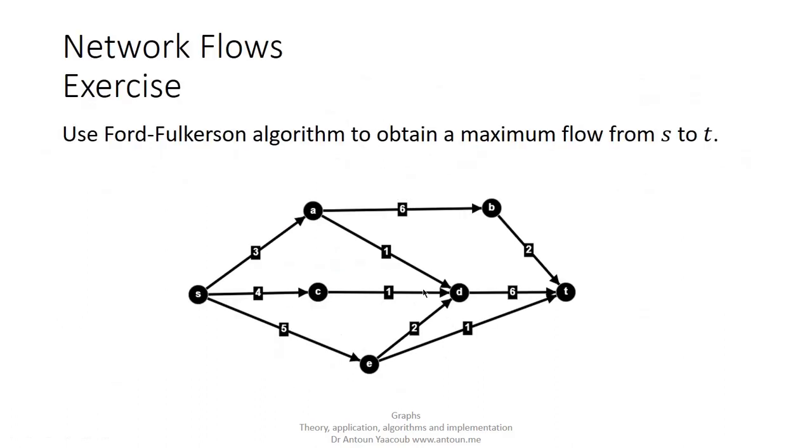So another example: use the Ford-Fulkerson algorithm to obtain a maximum flow from S to T. You can pause me if you want, try to solve it on your own, and then try to find the augmenting path. So we have SABT. The maximum I can send is equal to 2.